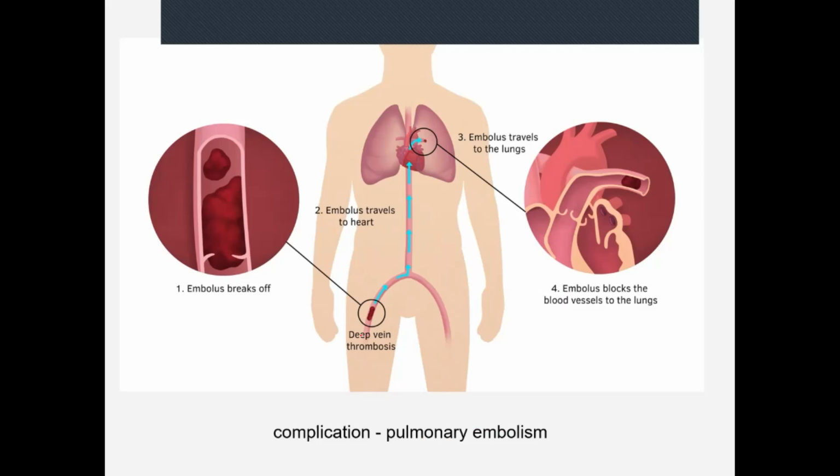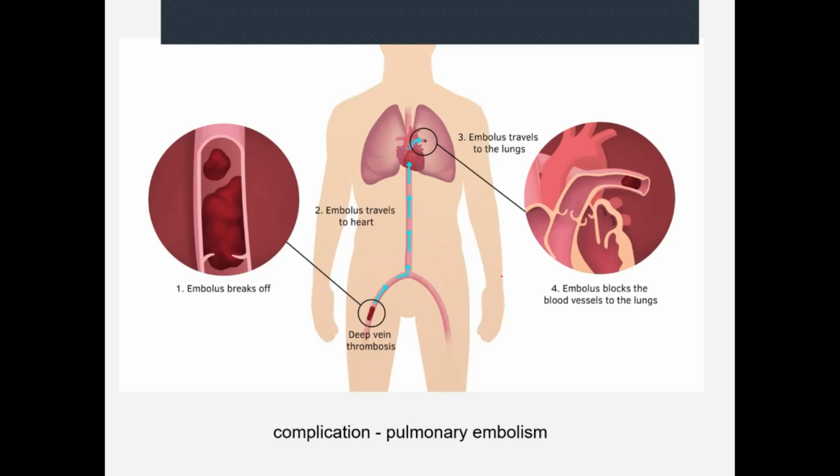We know that all blood from the veins goes to the right atrium, and from the right atrium to the lungs, to the pulmonary trunk and pulmonary arteries. Do you remember this, guys? If this thrombus goes to the lungs and closes it, the patient can die right away. It depends on how large an artery it closed.